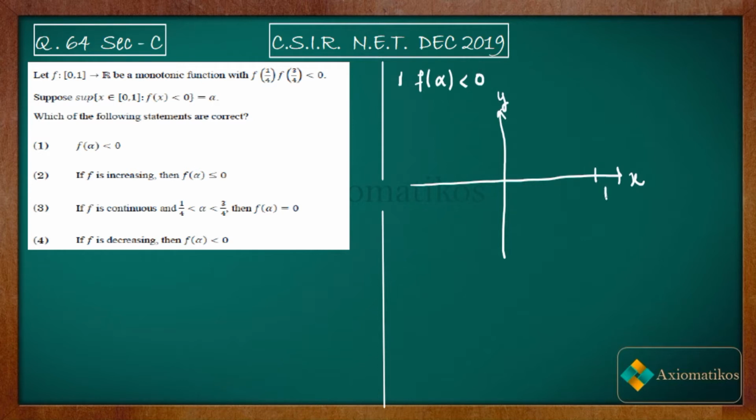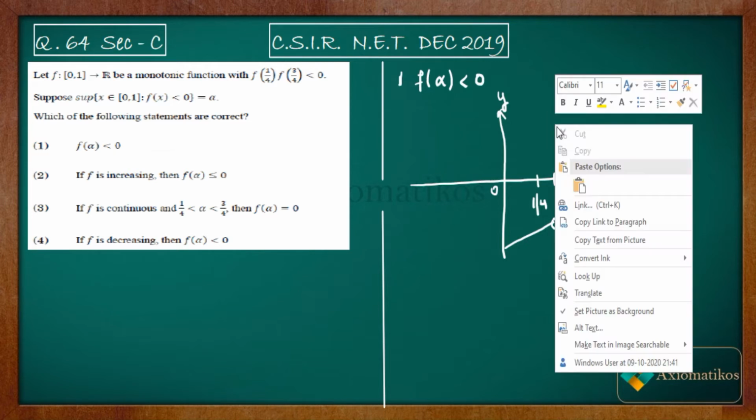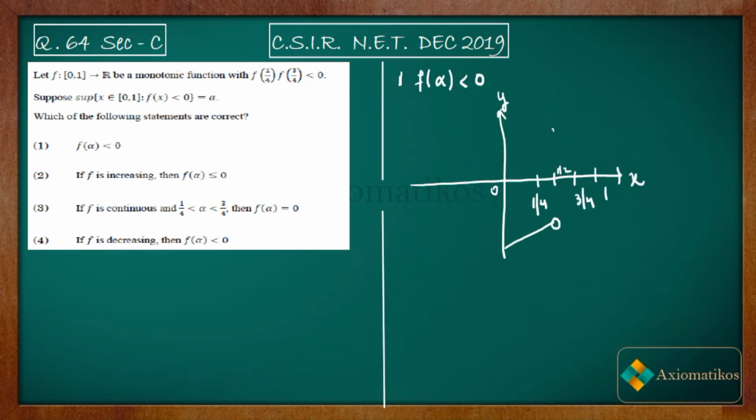This is 1, this is 1 by 4, this is 3 by 4, and this one is 0. So define f like this. This is 1 by 2. At 1 by 2 I am taking it greater than 0.